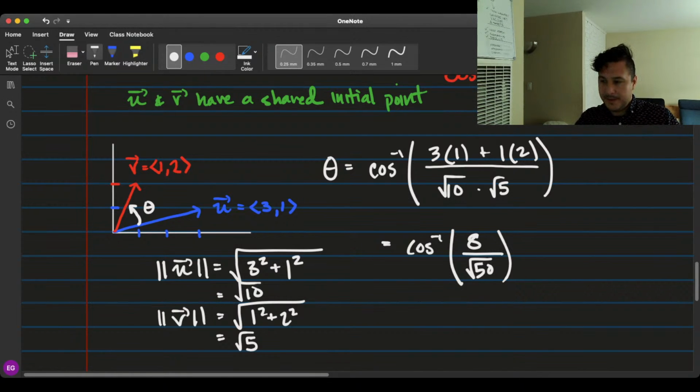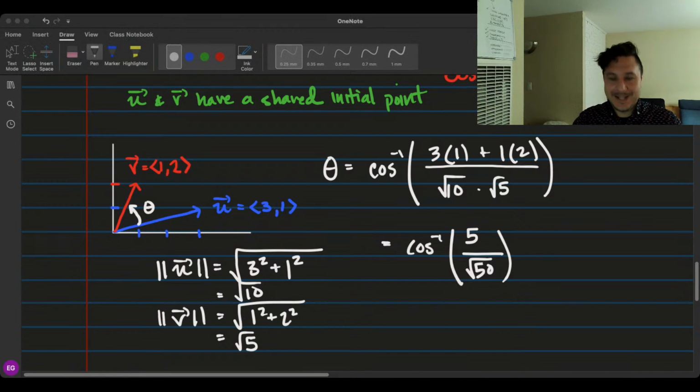Okay, we've got 3, 1. Isn't it 5 over square root 50? Oh my god. No wonder. I made a math error right here. I was dying inside.